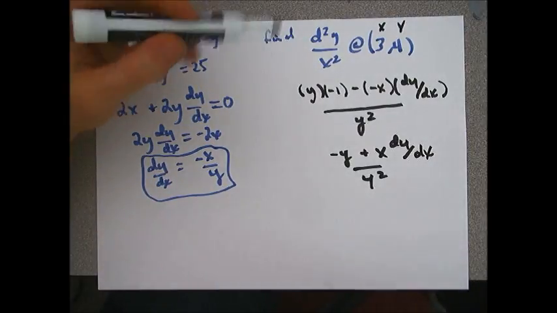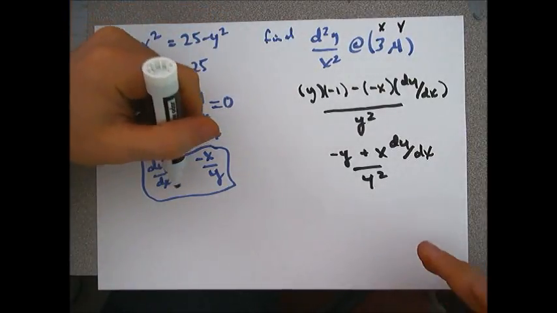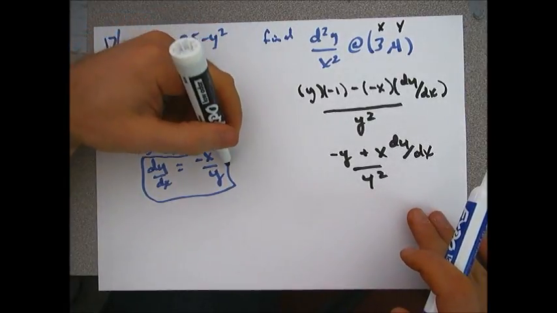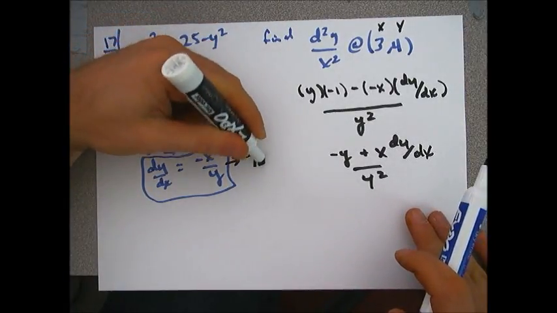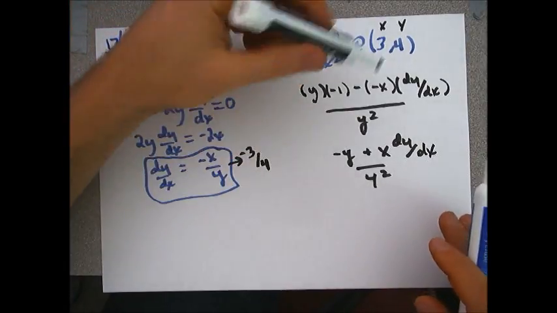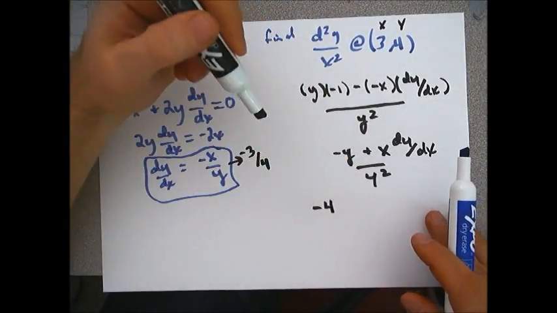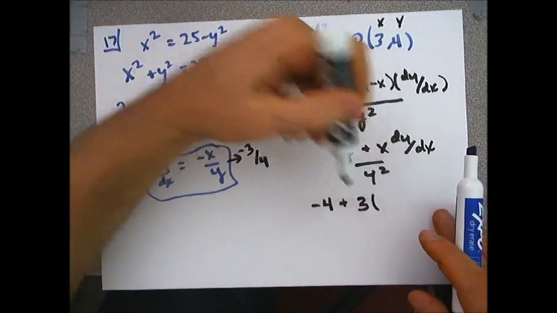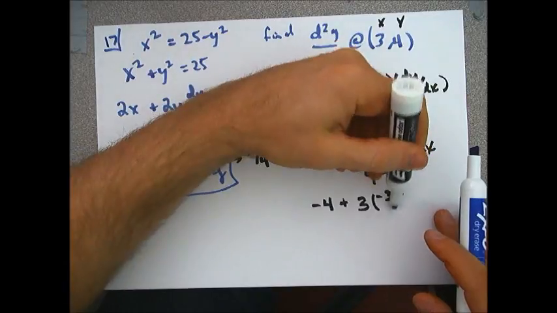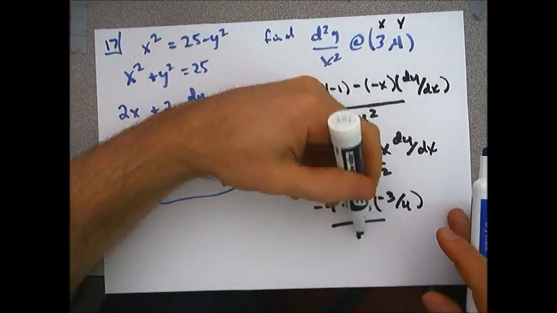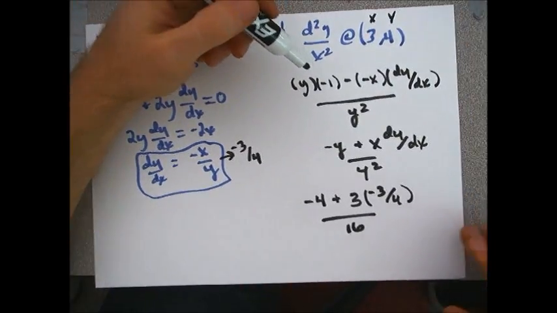All right, so let's go back to dy dx first. If I plug in 3 and 4, what do I get? This is really negative 3 over 4. Agree? So negative y is negative 4, plus x is 3 times negative 3/4, over y squared. 4 squared is 16.